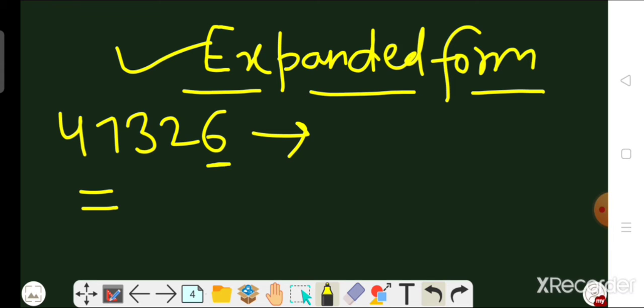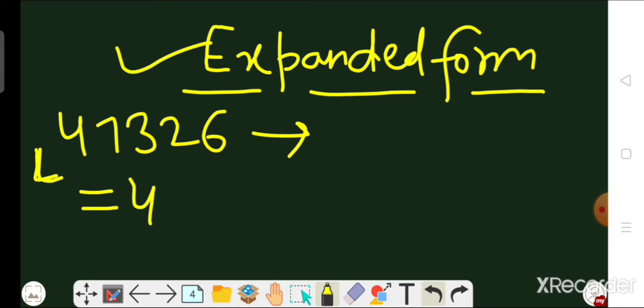So this is the right side of the number and this is the left side, and the first digit from the left is 4.